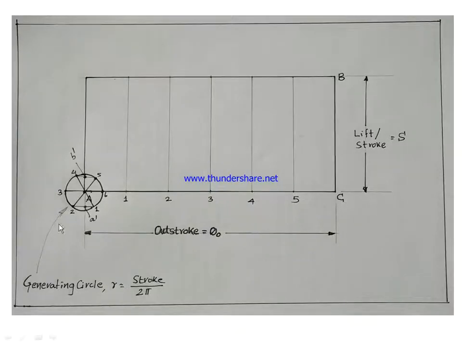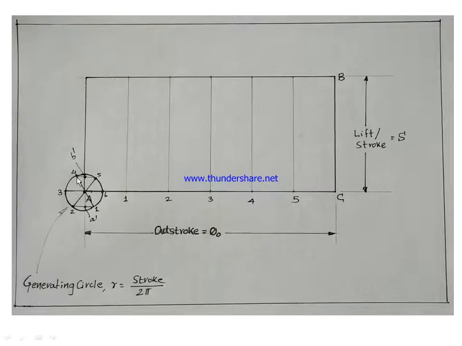Now next, a very important step: you project all these points 1, 2, 3, 4, 5, 6 onto this vertical line. A dash, A is already there, and B dash. This means 1 and 2 will be at A dash, 6 and 3 will be at A, and 4 and 5 will be at B dash. So these points 4, 5, 3, 6 and 2, 1 are projected onto this vertical line.